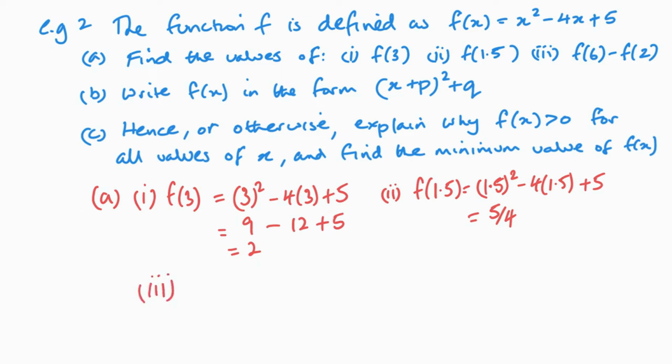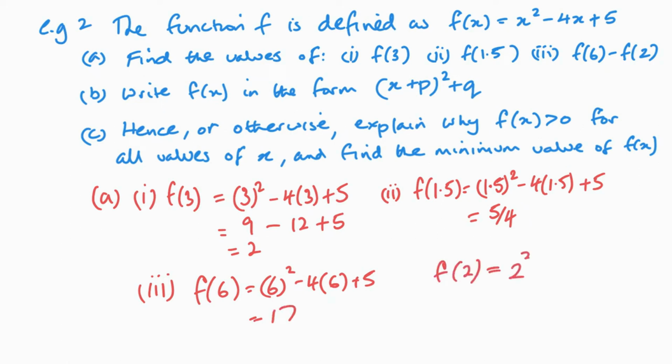And then the final one, f of 6 minus f of 2, we'll work these out separately. 6 squared minus 4 lots of 6 plus 5 should be 17, and f of 2 is 2 squared minus 4 lots of 2 plus 5, and 9 minus 8 is 1. So f of 6 minus f of 2 is 17 minus 1, which is 16.